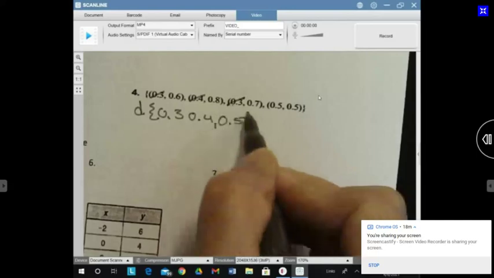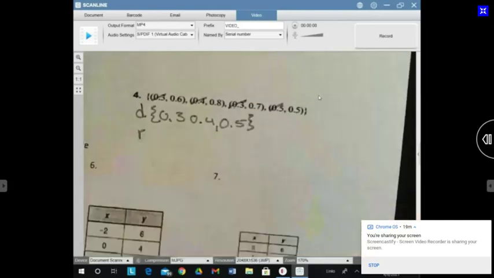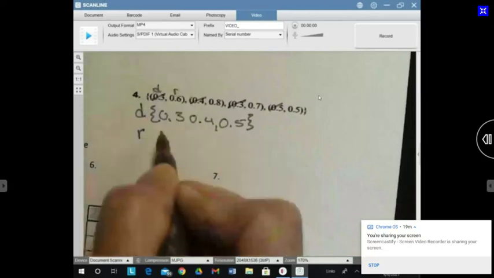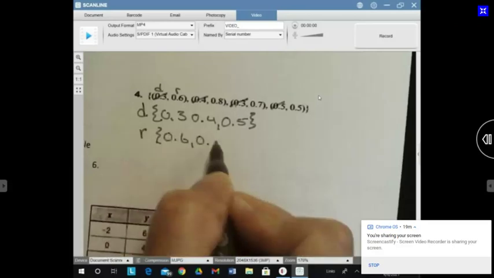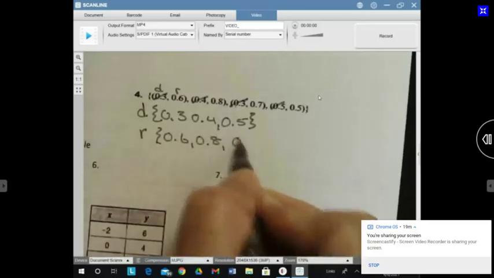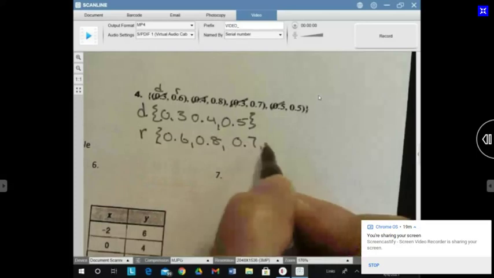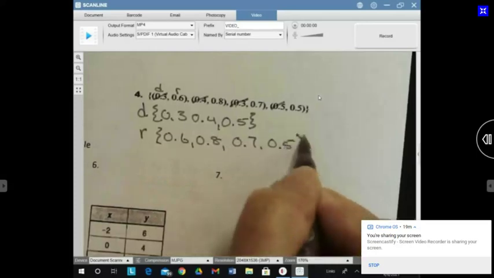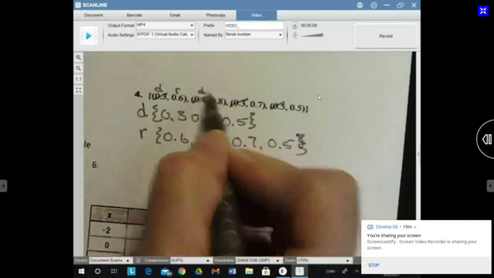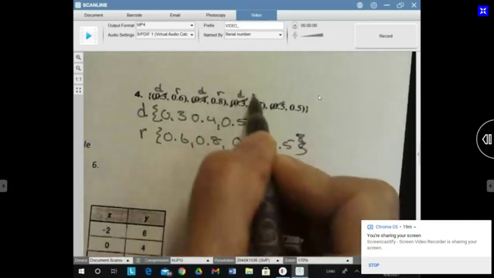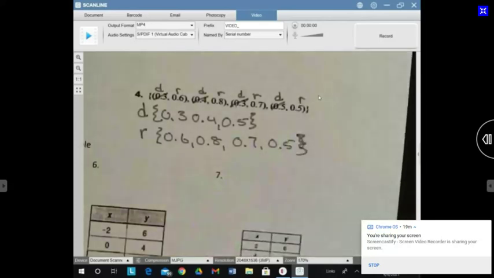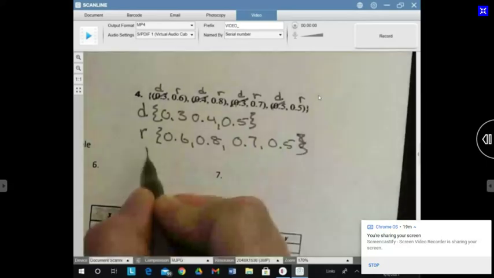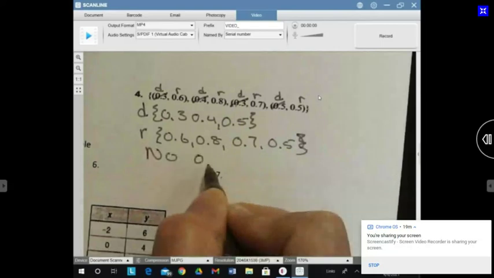What is my range? Remember, domain is always your x, your first, and range is always your second. Do I have a function? No. The 0.3 in the domain repeated, right?